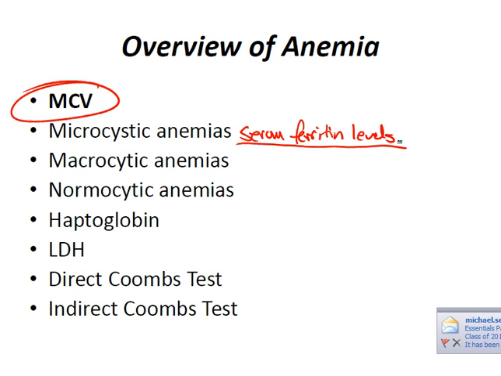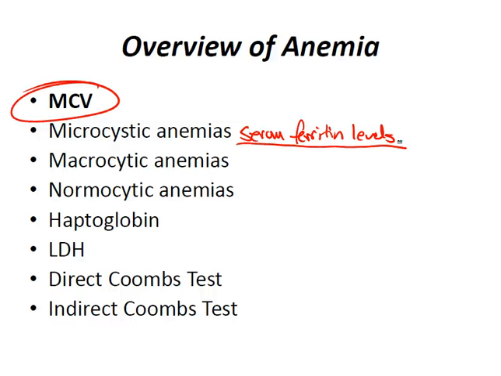Let's talk about the macrocytic anemias or the megaloblastic anemias. This is your B12 and folate deficiencies. Now, B12 has associated neurological defects, and folate deficiency has no neurological defects. In both B12 and folate deficiency, you look for hypersegmented neutrophils.